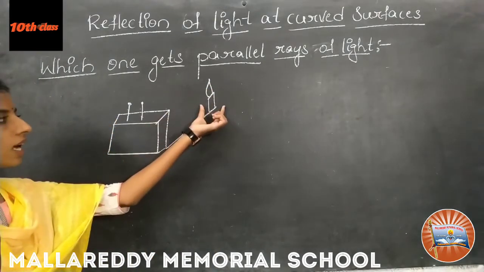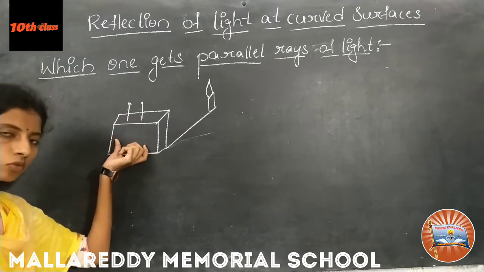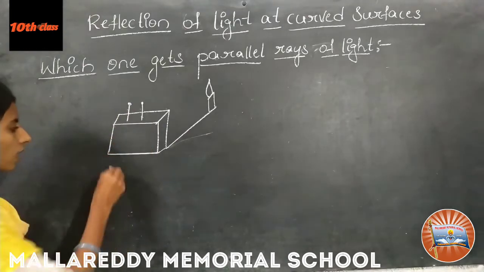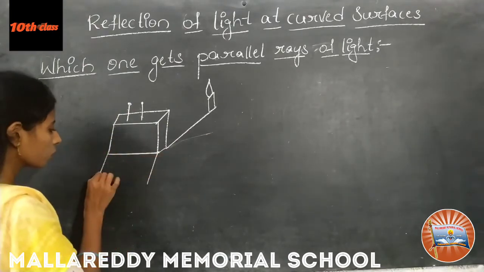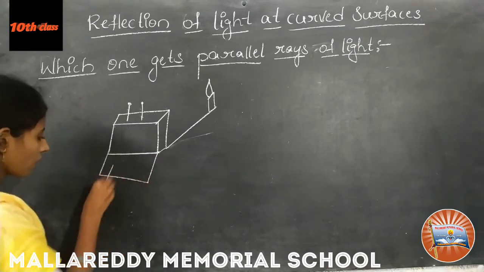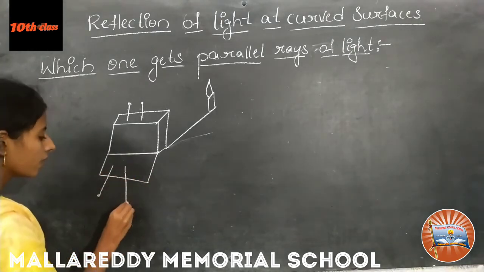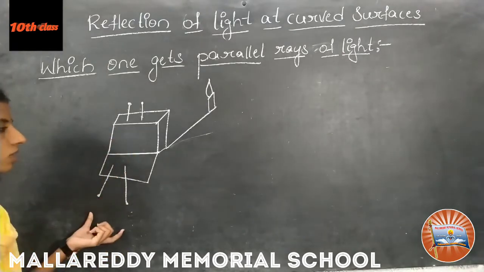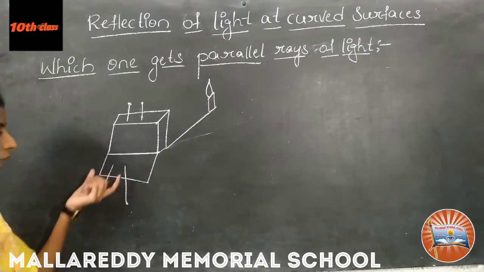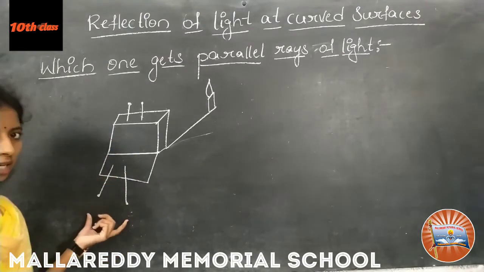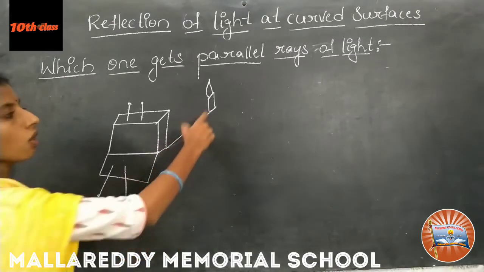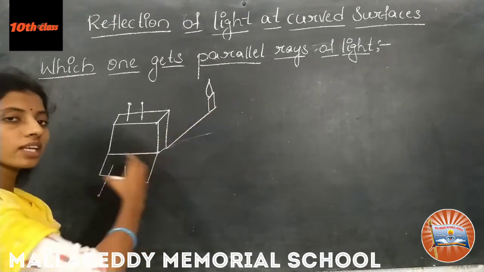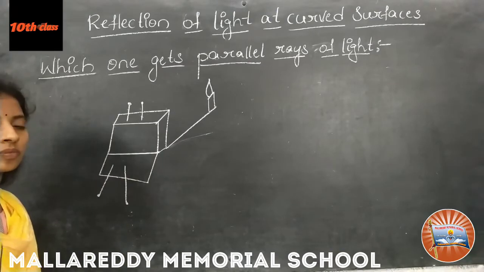The light will fall on this object. So what will happen? We will get the shadow of this thermocol, and we will get a diverging type of shadow. Here the pins are diverging type when we take the source of light very near to this thermocol.